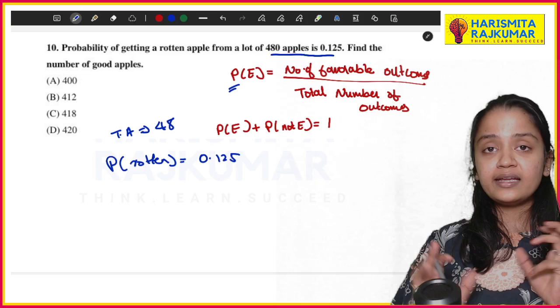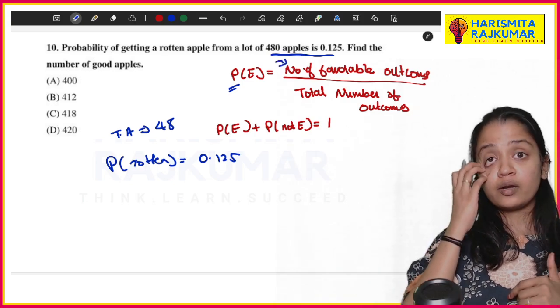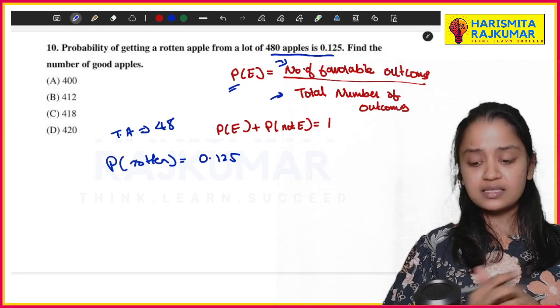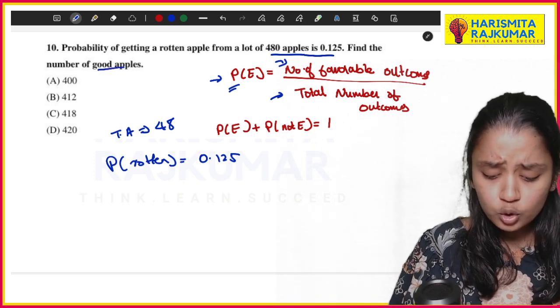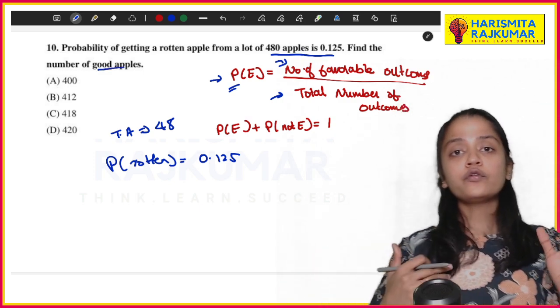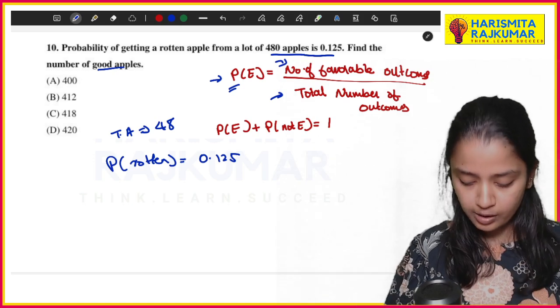So we need the number of rotten apples, which is the favorable outcome, and the total outcome is total apples. We have to find the good apples, so if you subtract the rotten apples from total apples, you'll get the good apples.